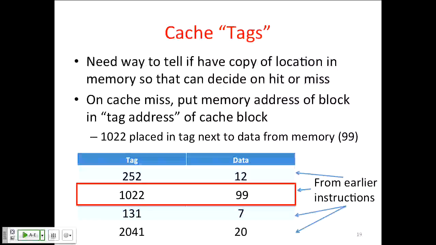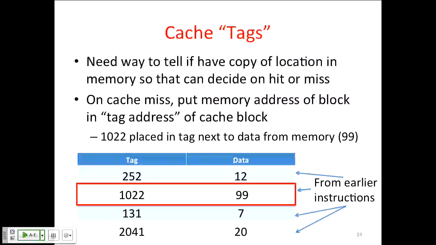The way we do this is, in addition to the data storage in the cache, which holds a copy of the data, each of those locations has another associated piece of memory next to it that holds the address. That's called the tag. Every data location in the cache has a tag, and the tag says which address it corresponds to. Remember, in main memory, you don't need a tag because you can just tell by location.